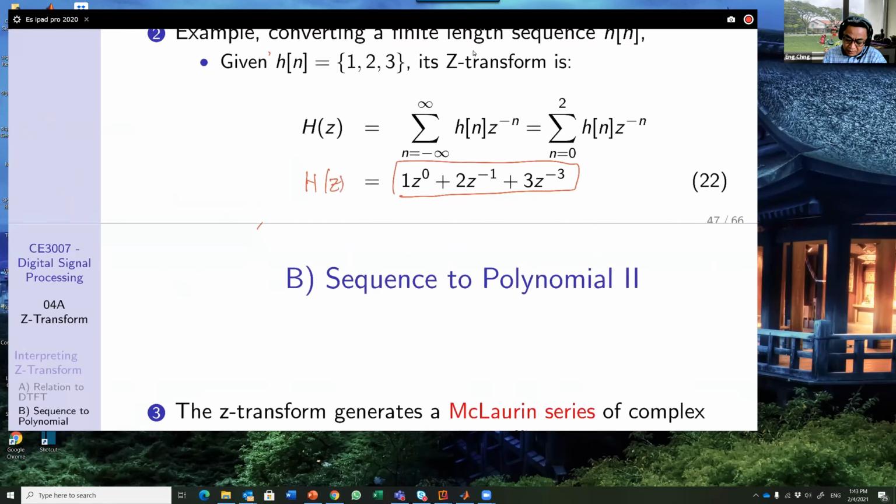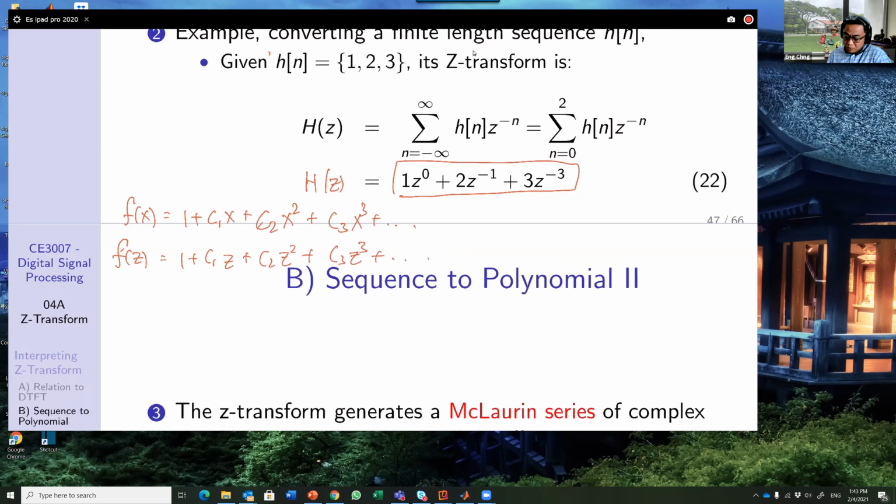I mean, you guys have seen y equals f of x. f of x equals 1 plus c1 x plus c2 x squared plus c3 x cubed plus so on. Then if we replace x by z, 1 plus c1 z plus c2 z squared plus c3 z cubed.